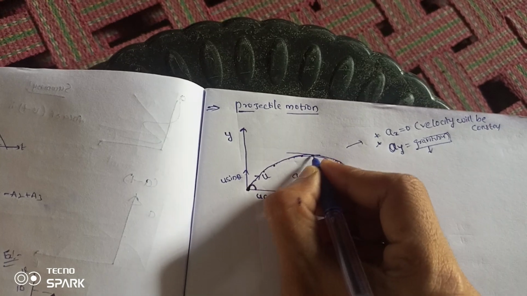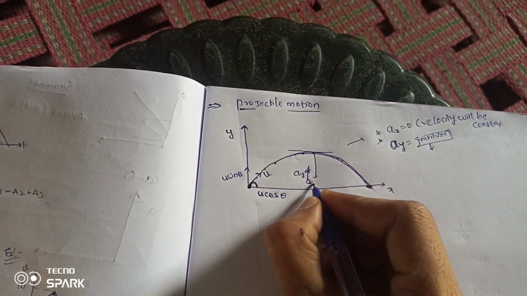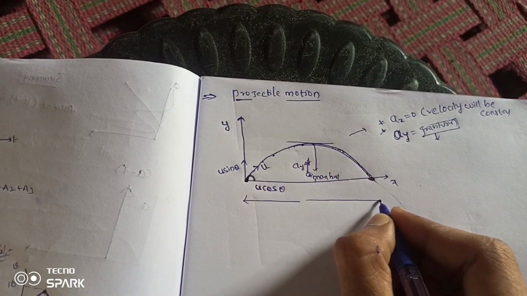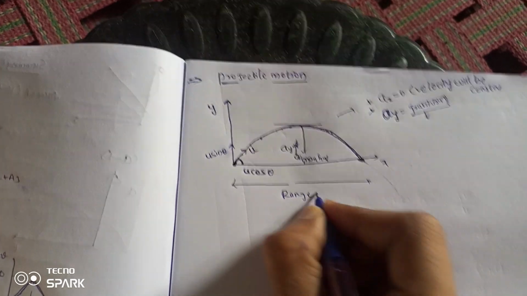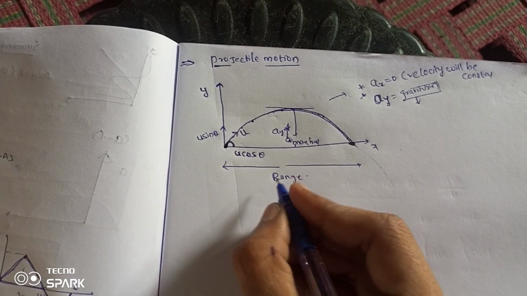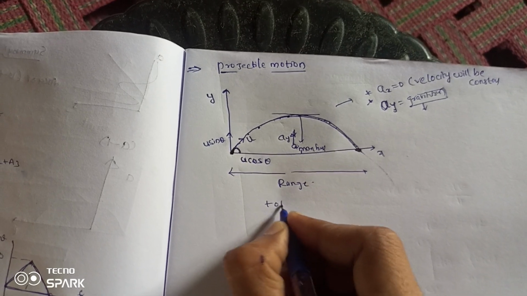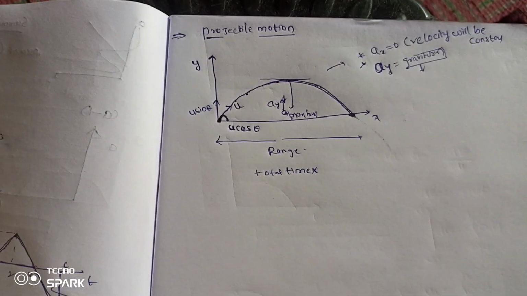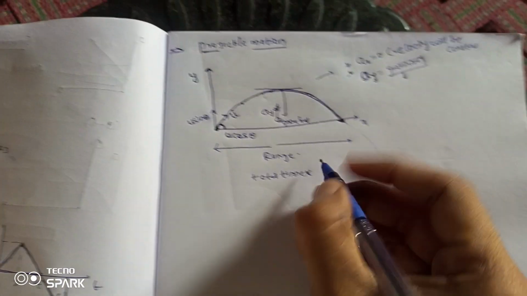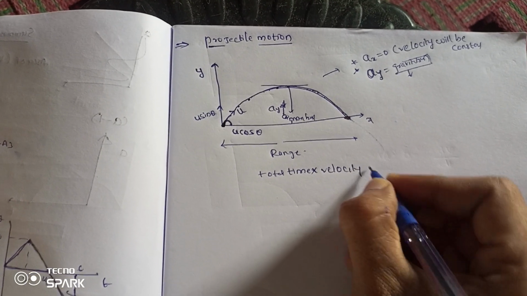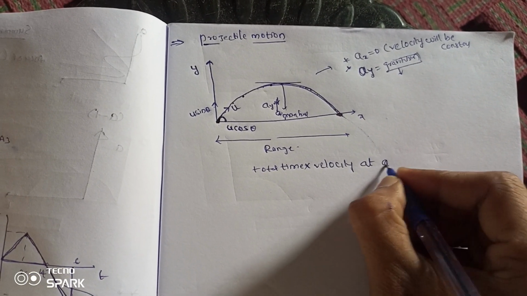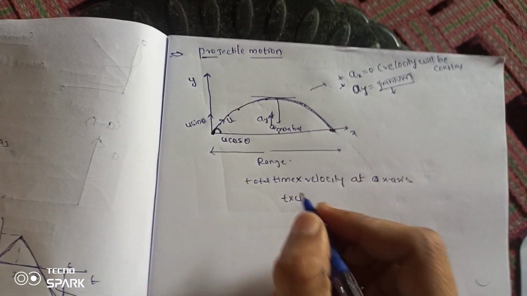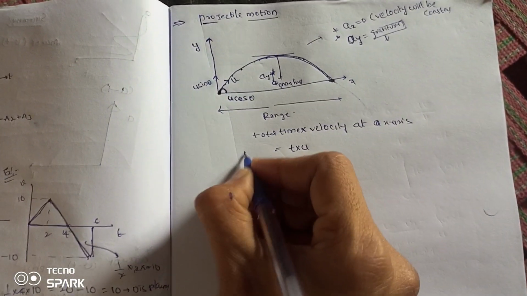It is maximum height. It is range. Range is total time into velocity at x-axis. Understood? t into u. It is range.